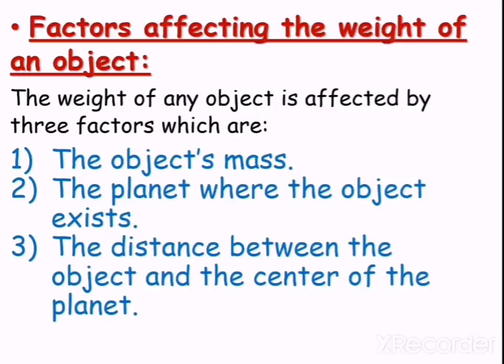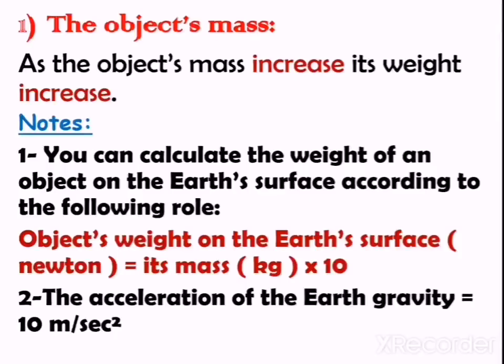So there are 3 factors affecting the weight. What are they? The mass of the object, the planet, and the distance between the object and the center of the planet. Let's start with number 1, the object's mass.